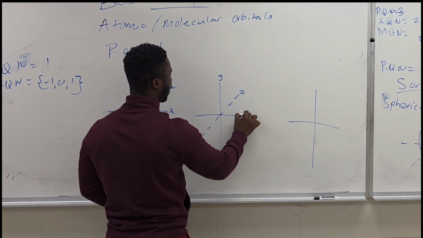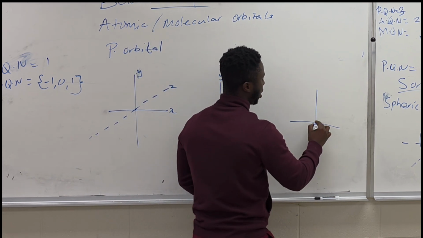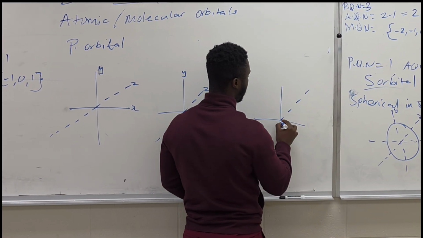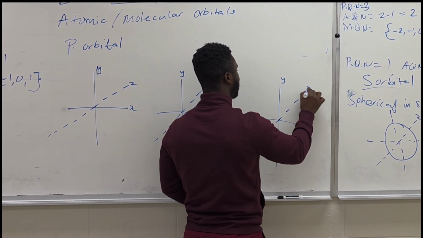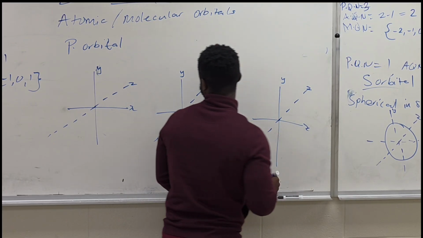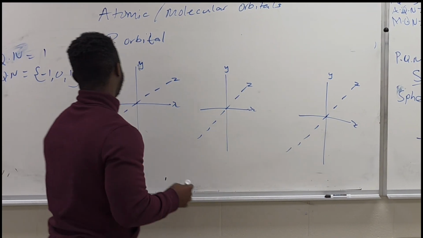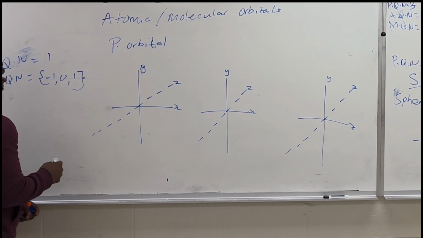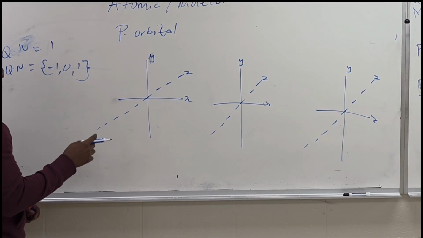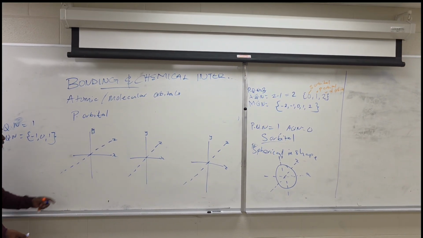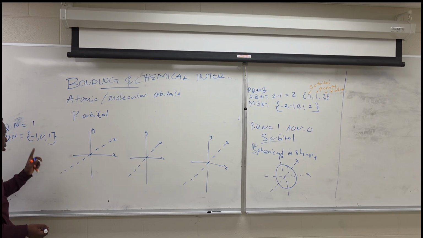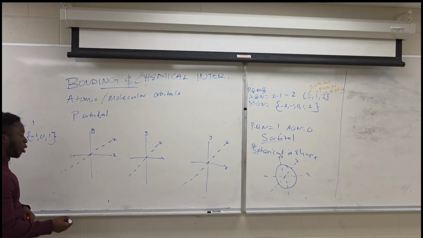Y, Z, X. So for the p subshell with orbital -1, let's say that is the y orbital.